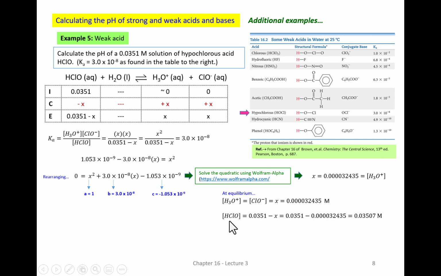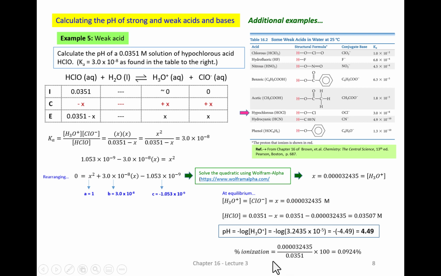So at equilibrium, pretty much all of the hypochlorous acid is in the unionized form, although again, some hydronium ion has been formed. We can calculate the pH using that hydronium ion concentration, and it's 4.49.